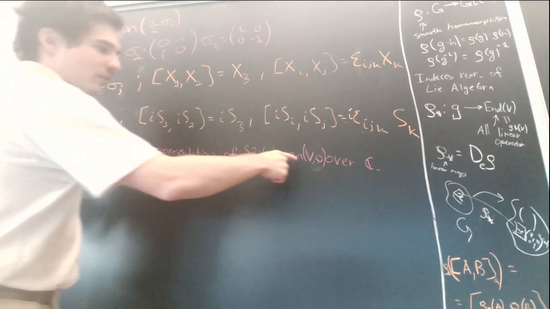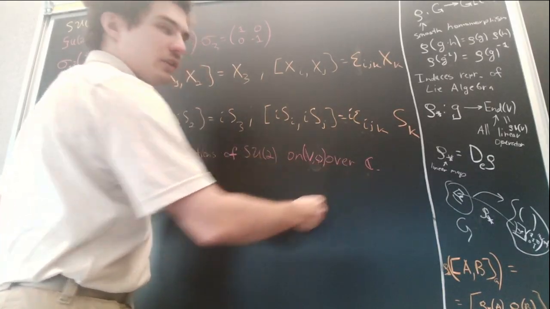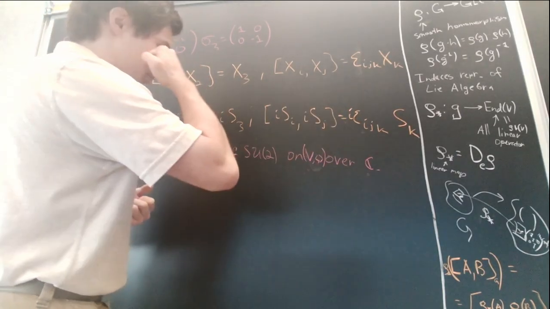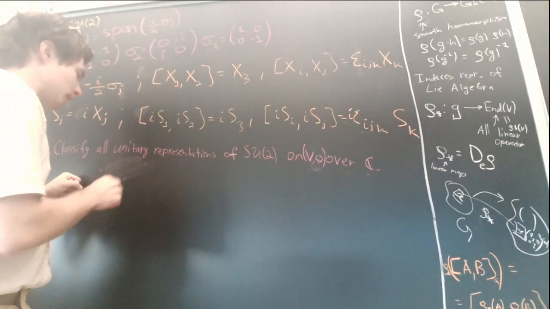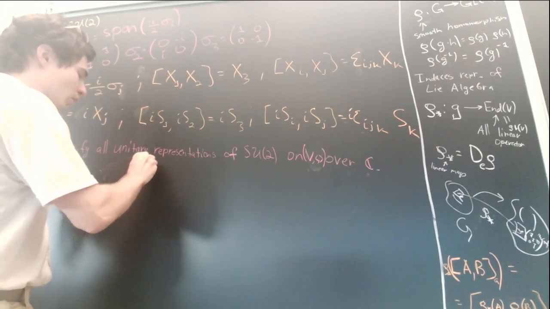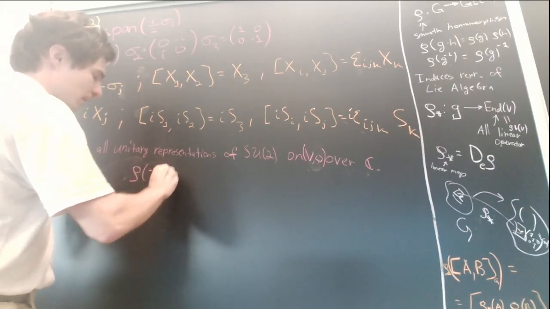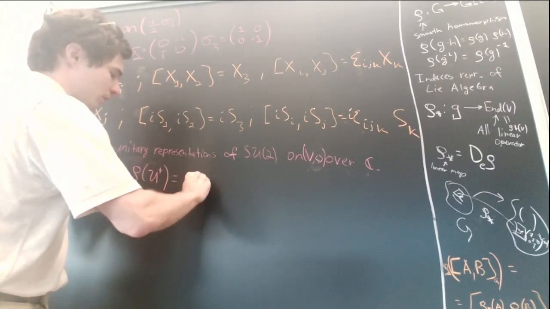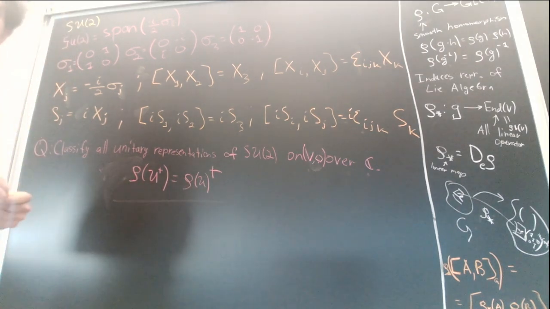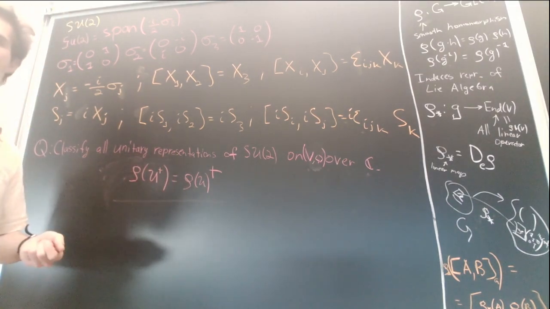And so the linear operators on the vector space have some notion of taking an adjoint. What I mean is that if I do rho of U dagger, then that should be rho of U, all dagger. This is what is meant by unitary. It plays nicely with this dagger thing.